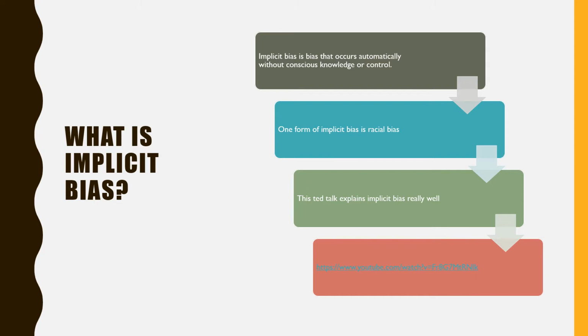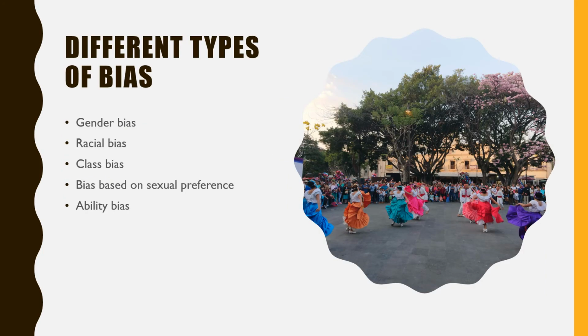Okay, so there are different types of implicit bias, as I said. Now, the TED talk that I've linked here is about, in particular, racial bias and implicit racial bias, and it's really good, and I recommend you have a look at that. So, like I said, there are different types of implicit bias. There's gender bias, racial bias, class bias, bias based on sexual preference, and bias based on people's abilities or disabilities.